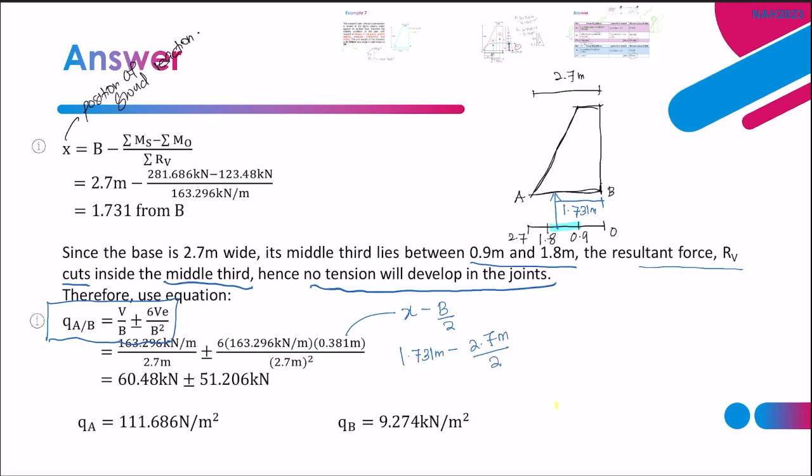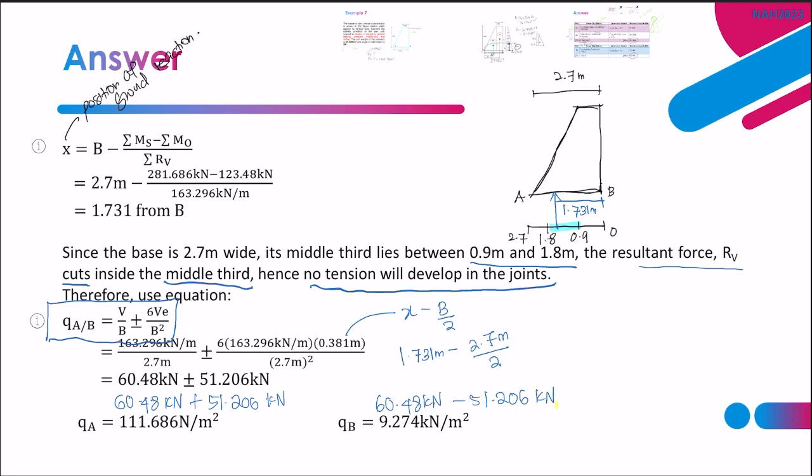You will get 0.381 meter. That is the eccentricity, divided by B square. For QA, it will be 60.48 kilonewton per meter square plus 51.206 kilonewton per meter square. And for QB, it will be 60.48 kilonewton per meter square minus 51.206 kilonewton per meter square.